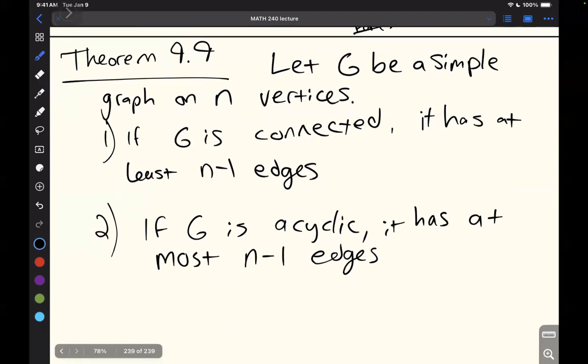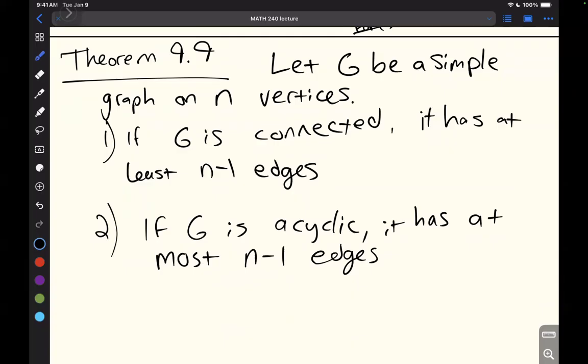What does this tell you about trees then? How many edges do trees have? Yeah. N minus 1. Exactly. Because we are bounded both at the lower end by it being connected. We're bounded at the upper end by it being acyclic.